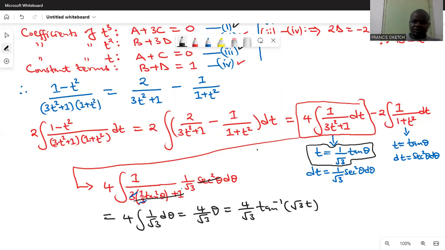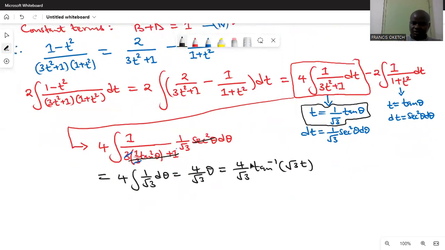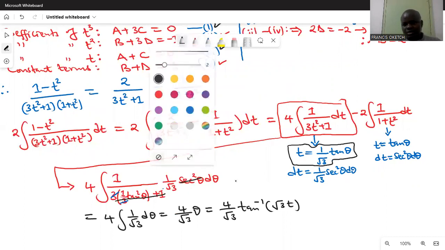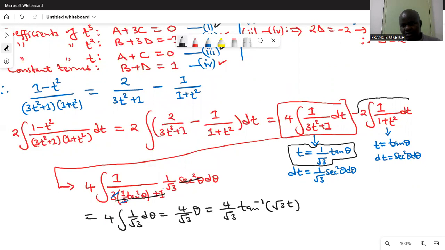Let's also evaluate the second integral. What will it give us? This is what we want to evaluate, and we now know the substitution.